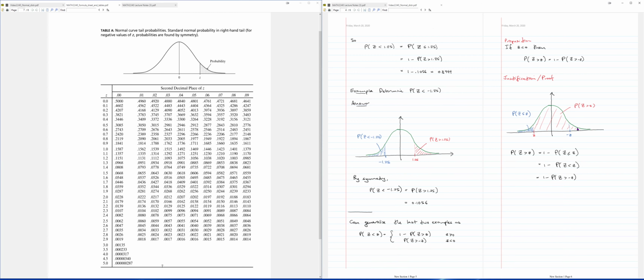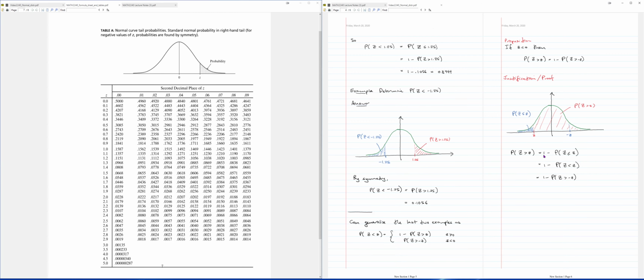Again, it's always a good idea to draw a diagram like this to see what's going on. We want the probability of the big Z being bigger than this negative value, so what we want is this red area. You're going to use the complement, the one minus business. The red area is 1 minus this blue area over here.